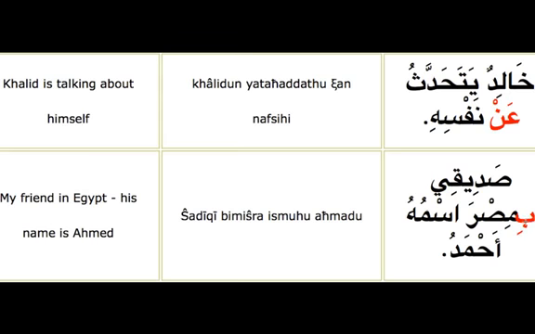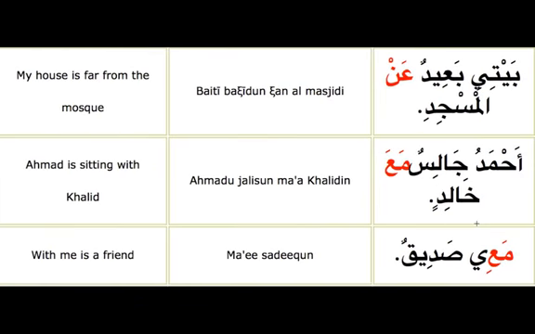Ba is a harf jar, bimisr. So baiti, with the ya mutakallim, means my house. Ba'idun an: this ba'id means far and always comes with an, far from.